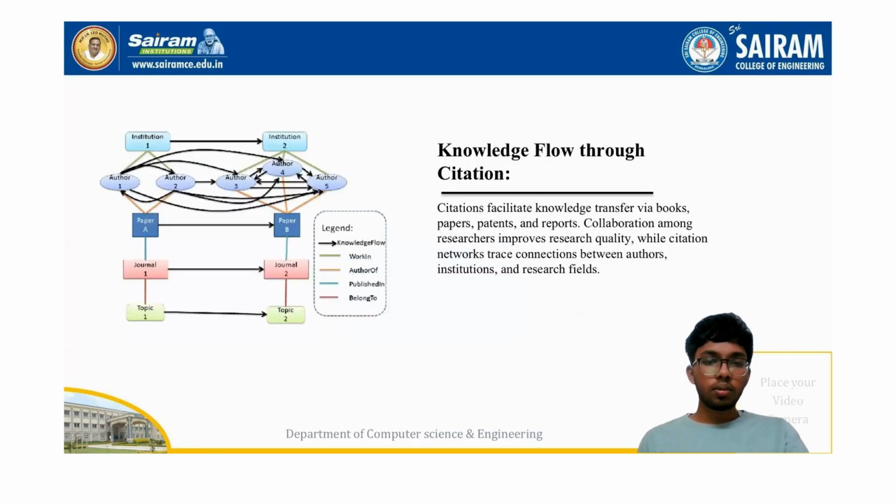So the knowledge flow through citation, this is the given flow chart, showing how knowledge flows from one institution to two authors, and a paper A is being referenced in, and that is taken from the topic and from the topic to the journal.